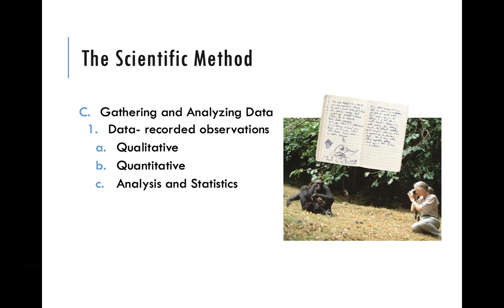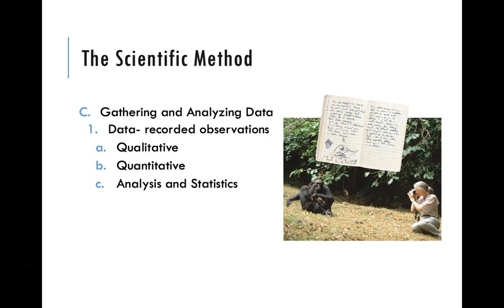It's more of a descriptive, you can think of it as descriptive words about what's going on. And then second are quantitative. Think of the word quantity. Quantities involve numbers. So these are going to be numerical measurements, quantities, frequencies, durations, total numbers, things like that.